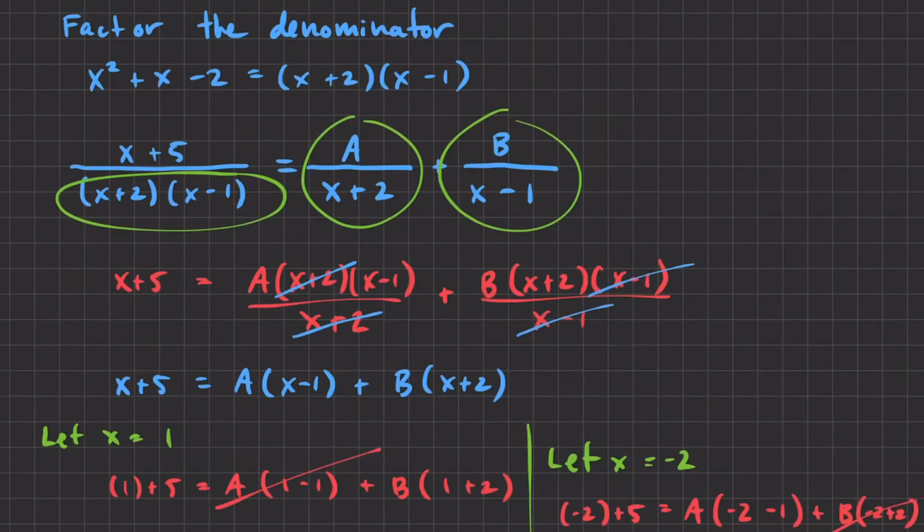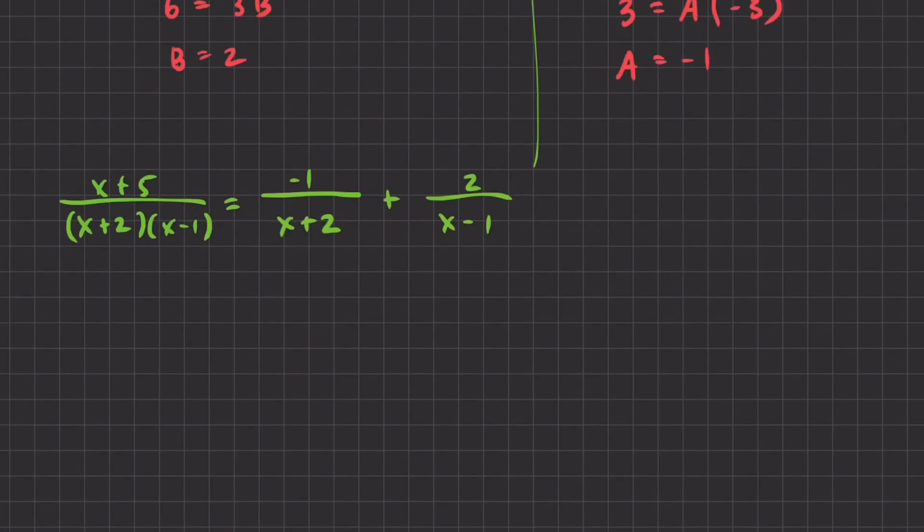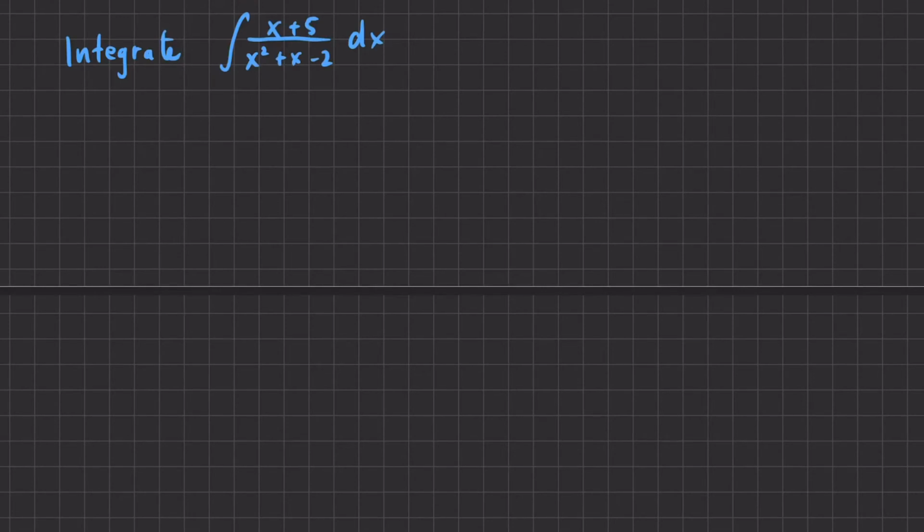Now that I've solved for a and b, I can plug them into this equation right here. So we're going to replace a and b with the values that we found, and that's going to be our new expression. If we were asked to integrate that function, the original function that we were given, x plus 5 over x squared plus x minus 2, well, we can simplify that using partial fractions.